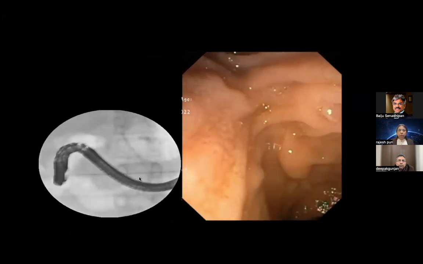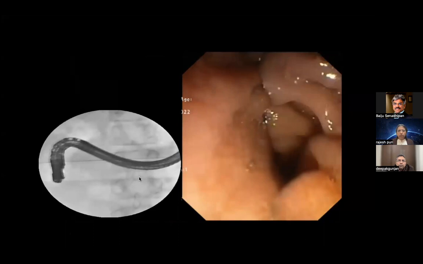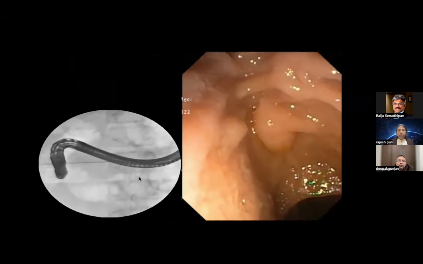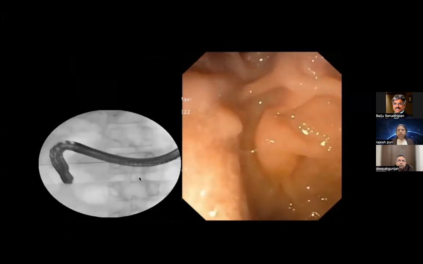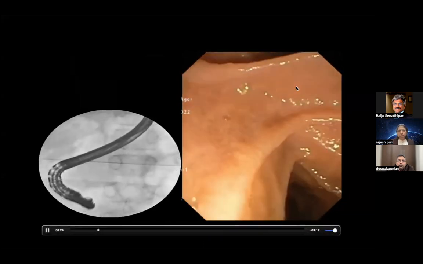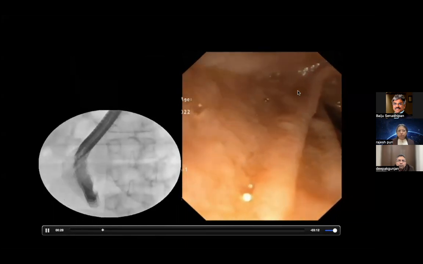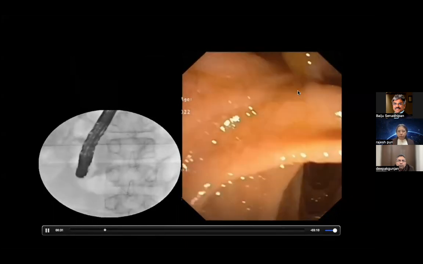My duodenoscope is going into the second part of the duodenum. And this is the minor papilla and this is the major papilla. This is the major papilla here. Once you have shortened it, withdraw the scope a little bit. I'm withdrawing my duodenoscope.